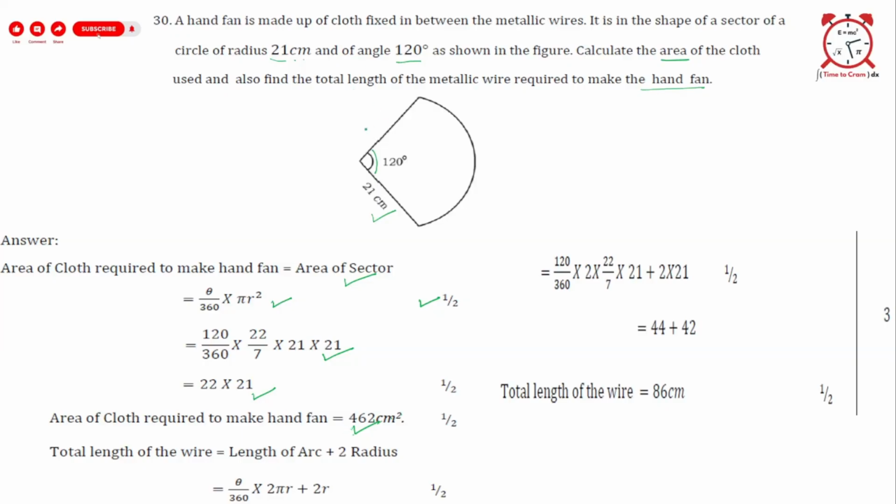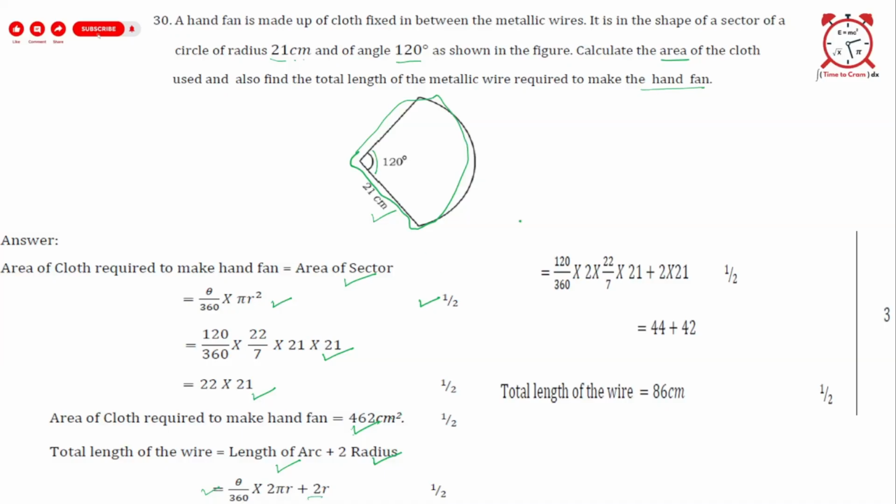Now we have to find the length of the wire. So length of the wire means what? This total boundary. In this boundary 2 radius is there and length of the arc is there. So the arc formula is theta upon 360 multiplied by 2 pi r plus 2r.